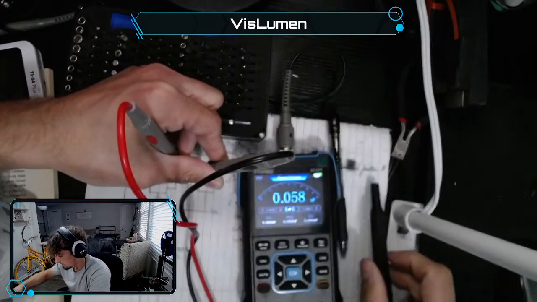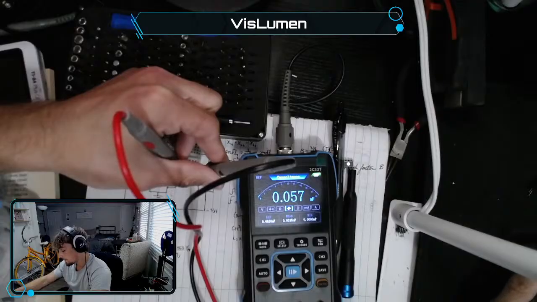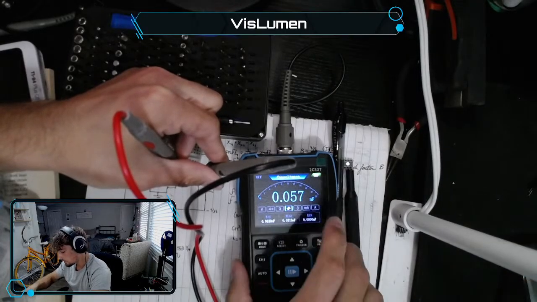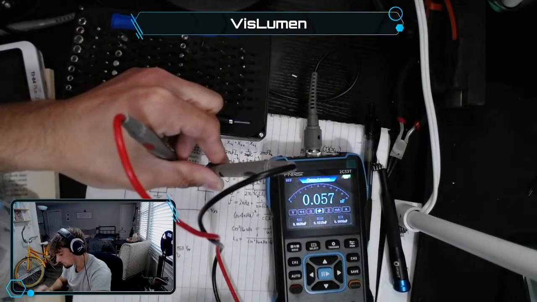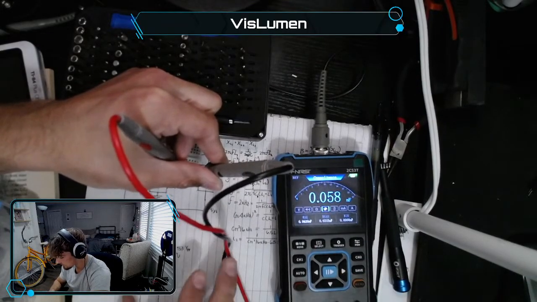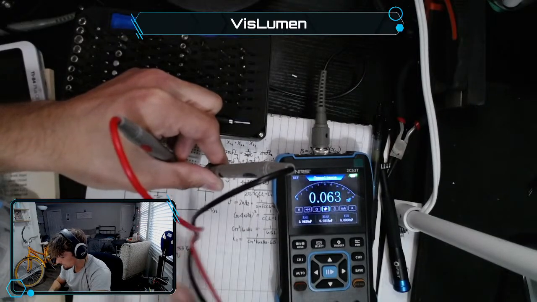Okay, that's its peak. Let's say 60. The smaller this is, the bigger our inductance will need to be.